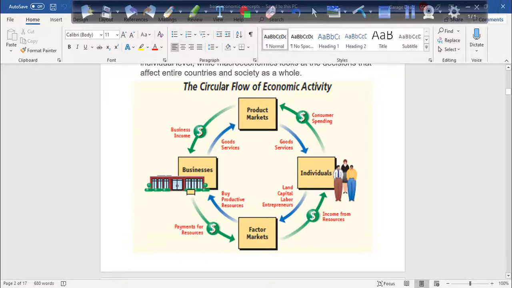Okay, they decide what will be produced and how and for whom. Now, in a traditional economy, the third type of economic system, the what, how, and for whom things are going to be produced is based on rituals, customs, and habits.